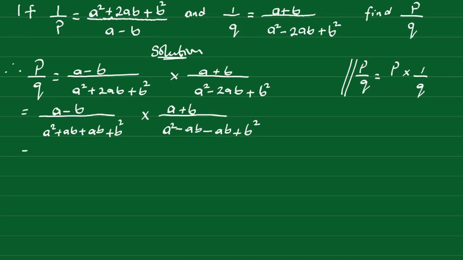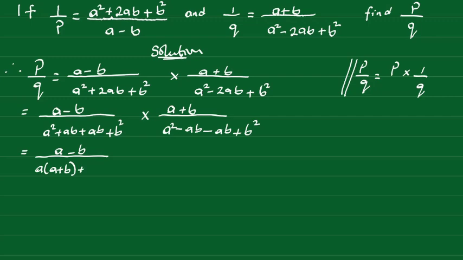Continuing our solving, we have this equal to a minus b divided by, and we factorize out a from a squared plus ab, and we have a bracket open a plus b bracket close. We factorize out plus b from ab plus b squared.